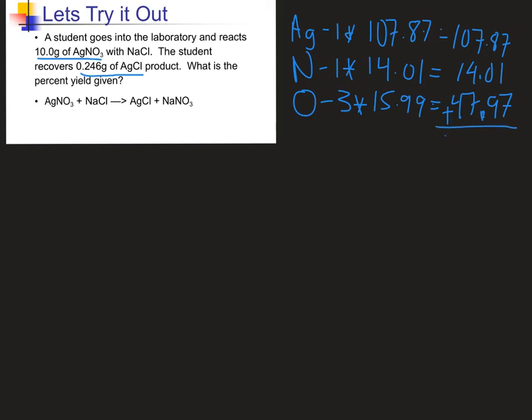After I add those up, I see that I have 169.85 grams per mole. Let's use a different color for the silver chloride.